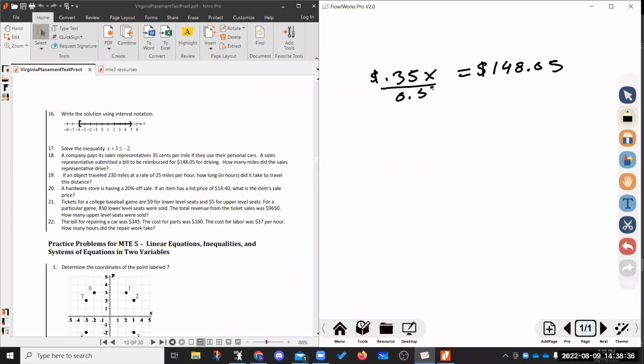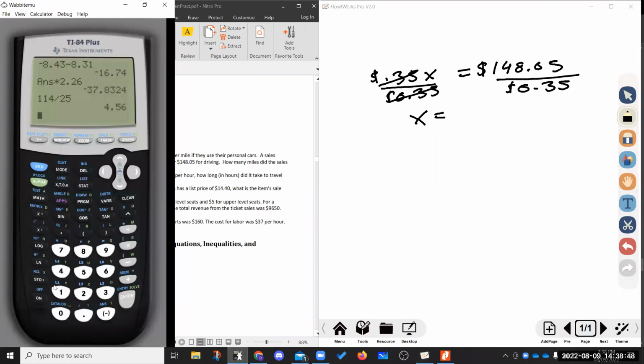So we're going to divide both sides by 35 cents. X is going to be equal to 148.05 divided by 35 hundredths. So X is going to be 423 miles.